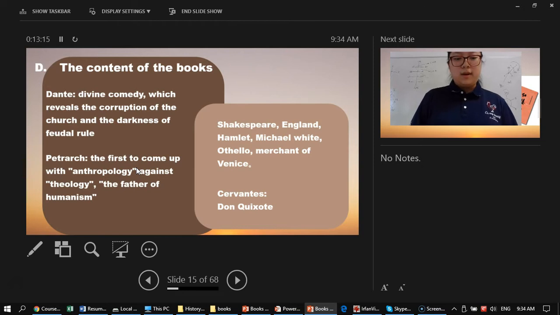First, in the Renaissance, works like Dante's Divine Comedy revolved around the corruption of the church and the darkness of feudal rule. And Petrarch was the first to come up with anthropology against theology, the father of humanism. And there are some other changes in the content of books, and these are the representatives.